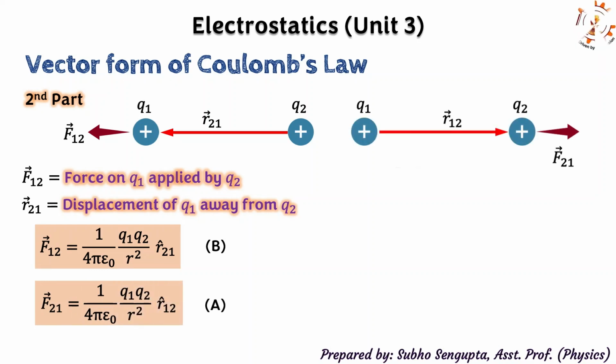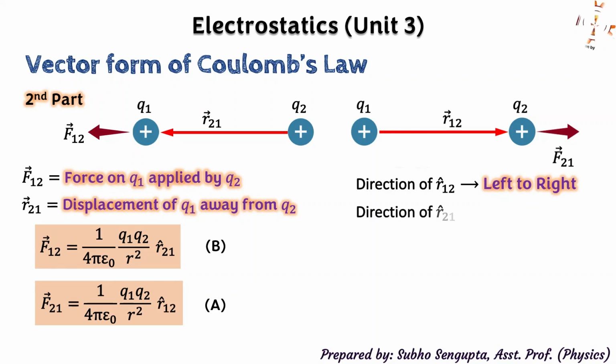Now compare these two diagrams. Since R suffix 12 hat is the unit vector in the direction of the displacement vector R suffix 12, as per the figure, this unit vector is directed from left to right. But R suffix 21 hat is a unit vector in the direction of the displacement vector R suffix 21, and hence it is directed from right to left.